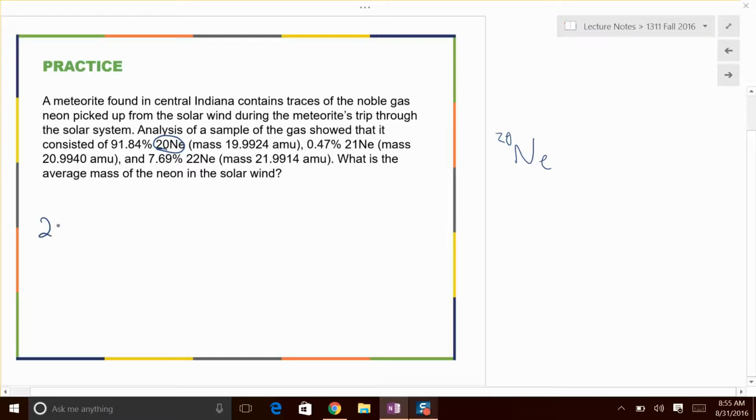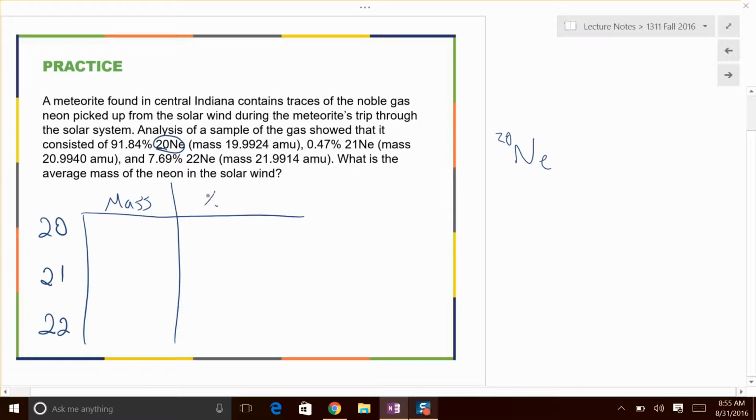We're going to first look at their mass, and then we're going to multiply it by their percent, and then we'll get those and add them together. Okay, so the mass of neon 20 is 19.9924, 21 is 20.9940, and 22 is 21.99.